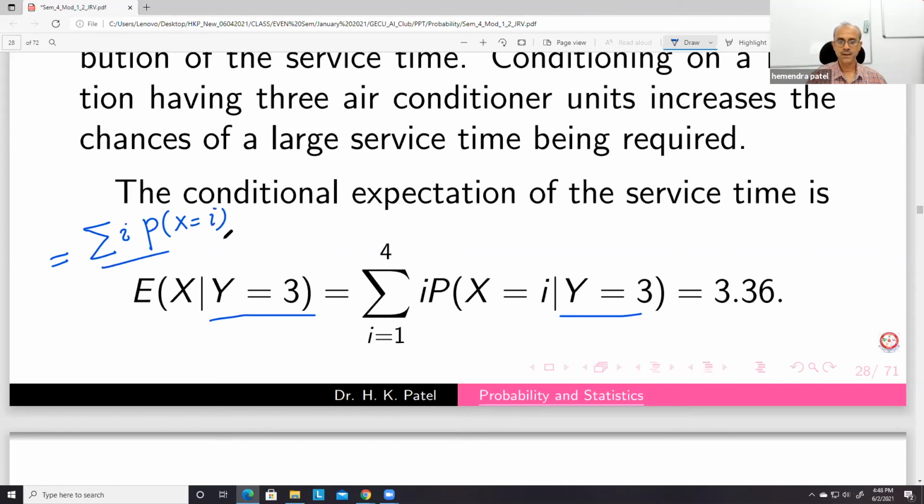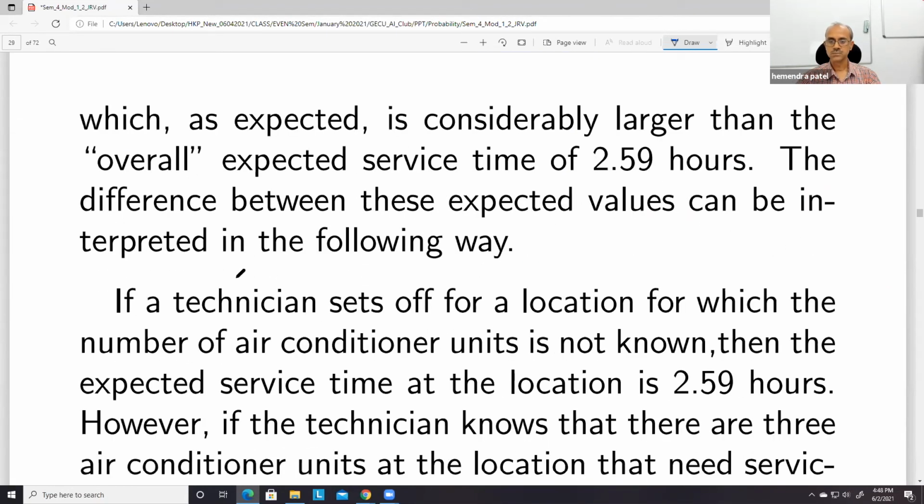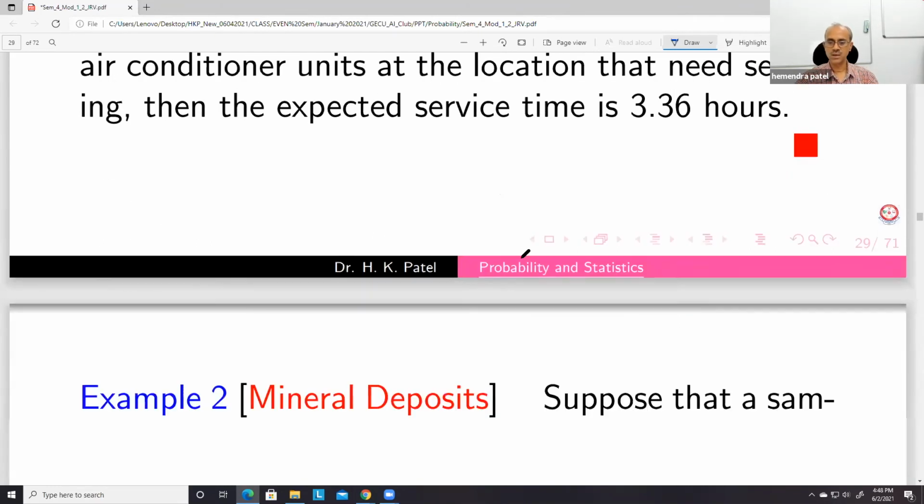But if the condition is put here, then this condition will reflect here also in case of probability. That's all. So this interpretation you can read.